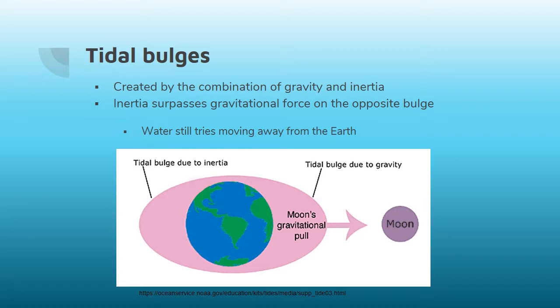Because water is still trying to move away from the Earth, and that force of wanting to go in that straight line kind of overcomes the gravitational pull of the moon because it is on that opposite side. So you're still seeing that bulge, and that's mostly due to inertia.